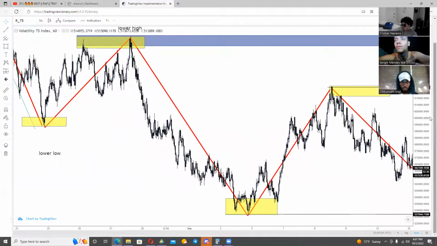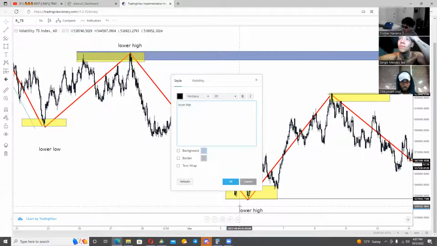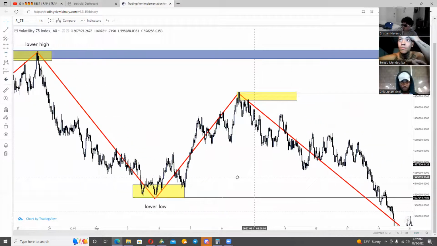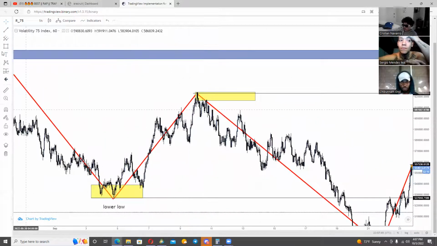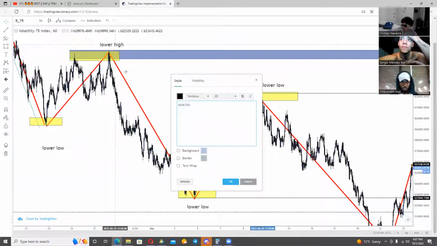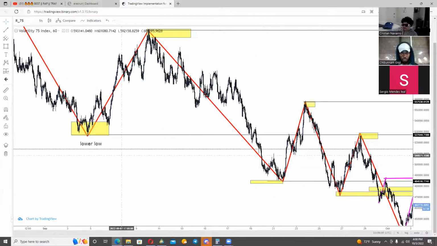From that pull, we have again a new lower low. From that lower low, we have again a lower high, because this obviously is lower than this lower high. So we have a lower high once again. And you keep on doing that.